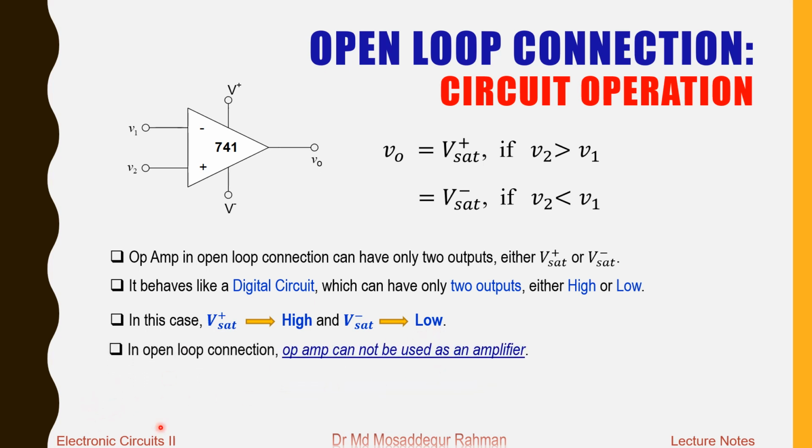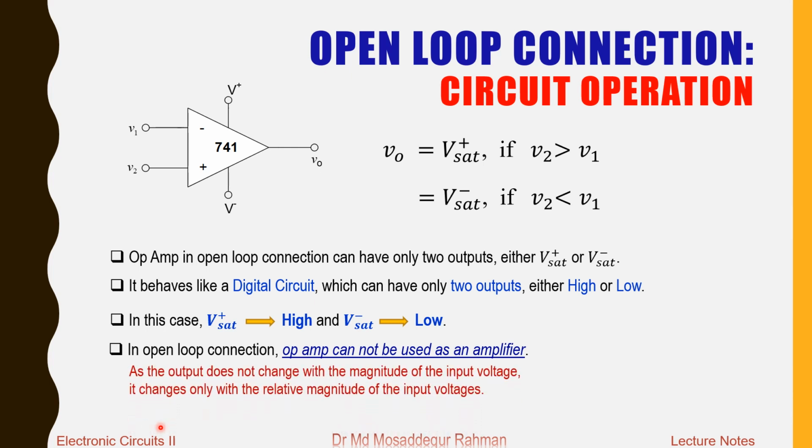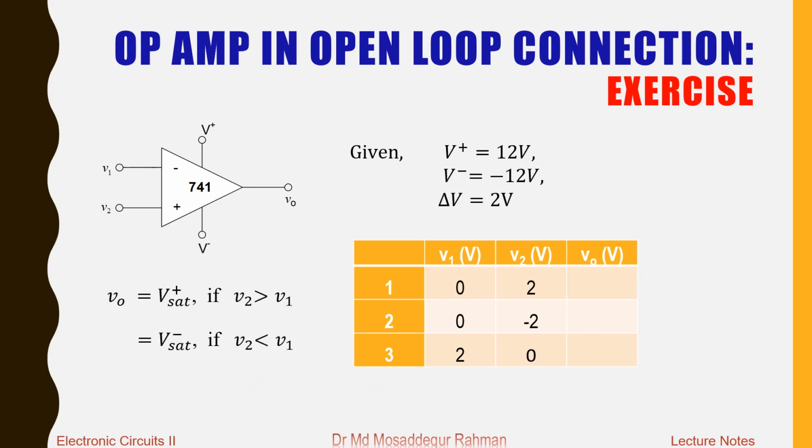So in open loop connection it cannot be used as an amplifier, because the output remains fixed at just two voltages. So that's all about the behavior and the features of the op-amp in open loop connection.